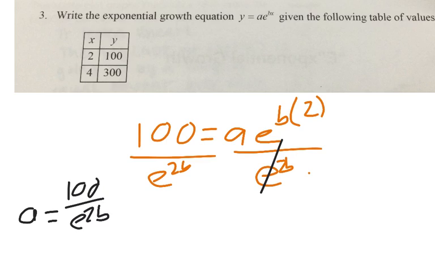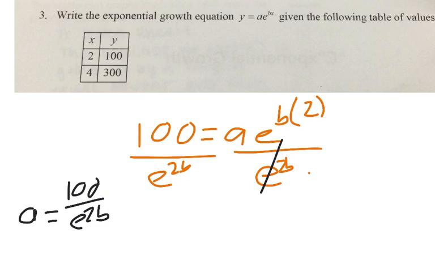Like this one? If I plug that straight back in here, how many unknowns am I going to have? You only have B. Let's just look.